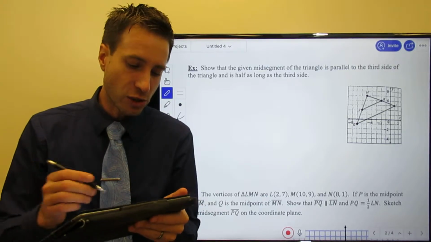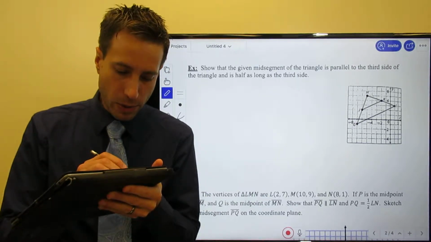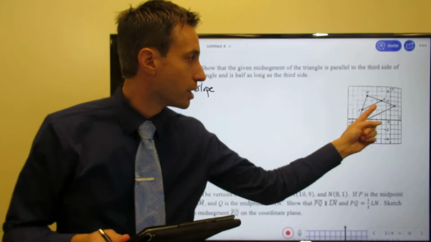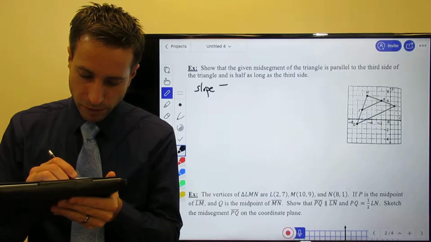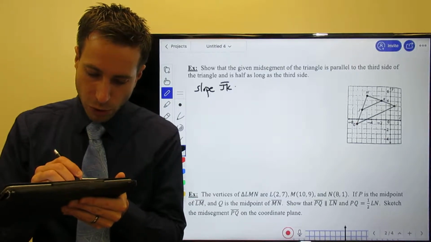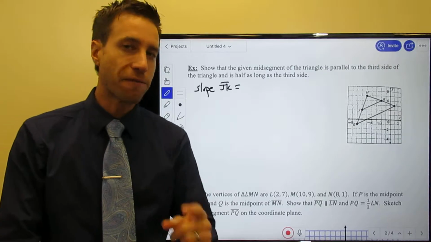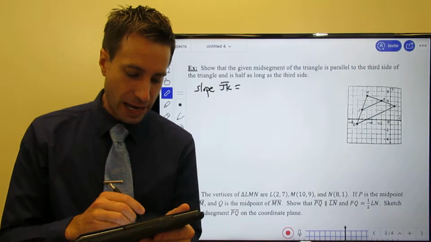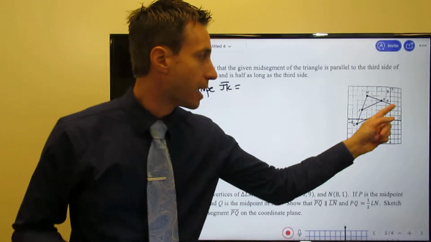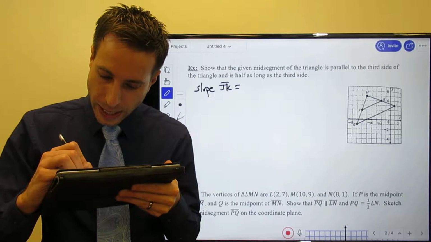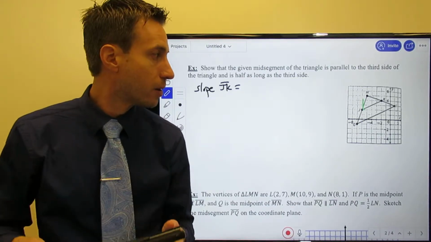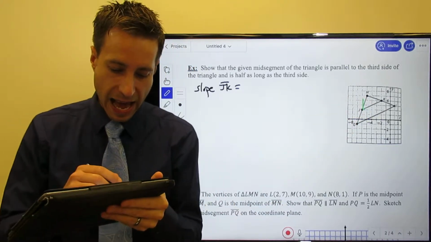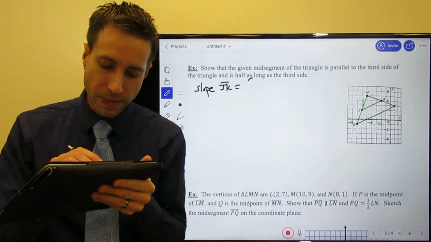We're going to start off with slopes first. So I want the slope of my mid-segment, which is JK. Now remember, slope is rise over run. Fortunately, it's already been graphed for you on a coordinate plane. So let's find the rise from J to K. It looks like I'm going to have to go up 2 units. Up 1, 2. That'll get me on the same horizontal line as K, which means my rise is a positive 2.